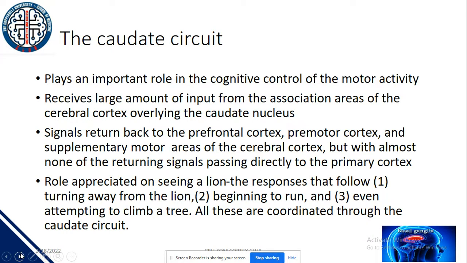Let's say you see a lion, then the response that will follow is, of course, you're going to turn away from the lion. You begin to run, and you even attempt to climb a tree in order to stay away from the lion. So all these are connected through the caudate circuit. So that's the major function of the caudate circuit.